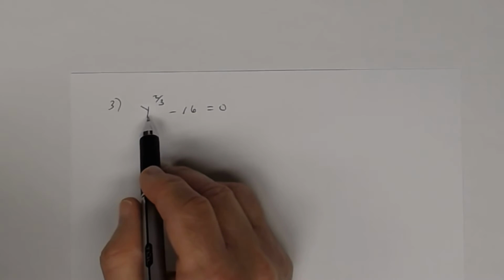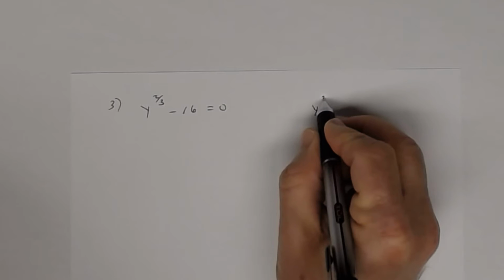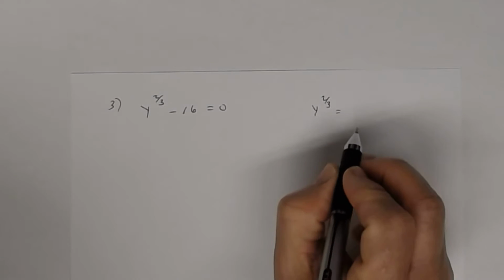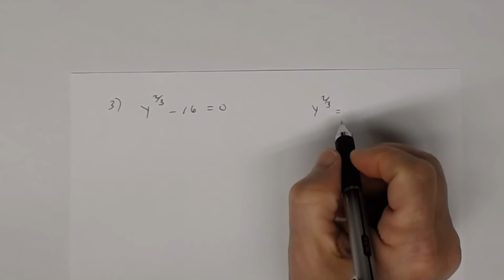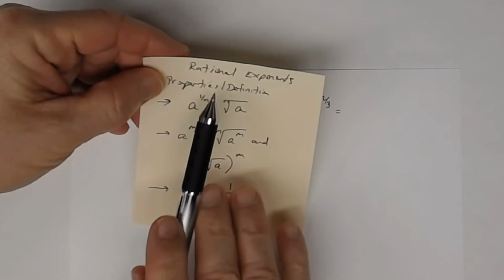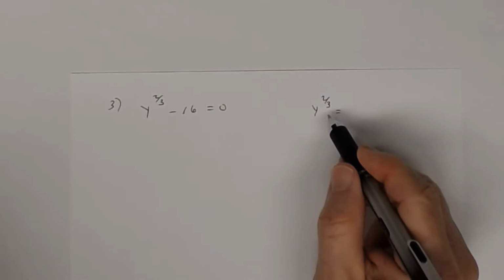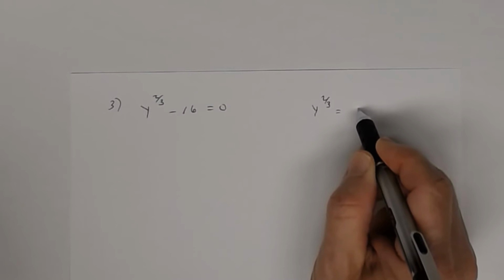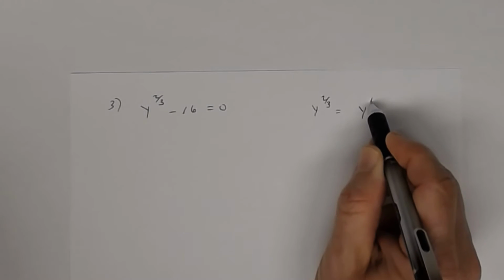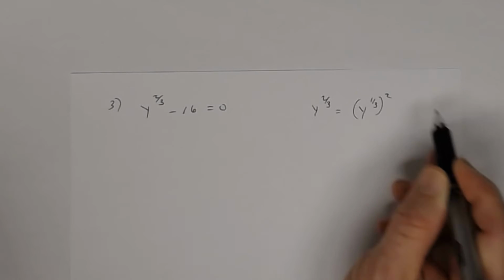So I want you to think of y to the 2/3 as this. Do y'all agree that, and again, I'm going to be using some properties of rational exponents, y to the 2/3 I can write as y to the 1/3 squared, right?